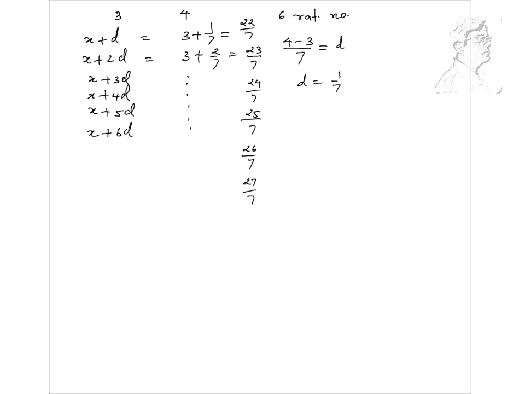Is it necessary that we always have to do this method, or will it be specified? It is not necessary for you to use this method only. If I were to introduce 6 rational numbers between 3 and 4, I would not do all that. I would say one answer is 3.1, 3.2, 3.3, 3.4, 3.5, 3.6. Done. Yes, sir. Thank you.